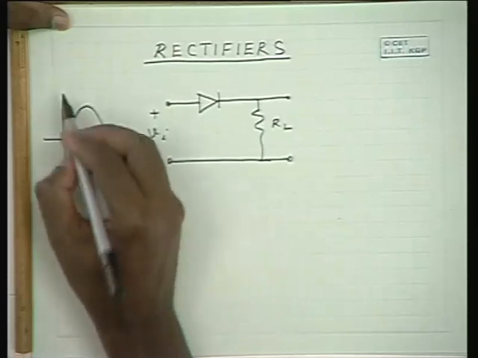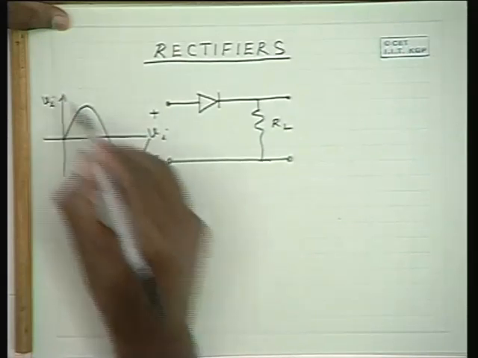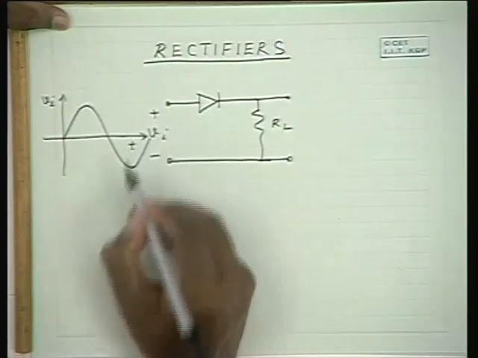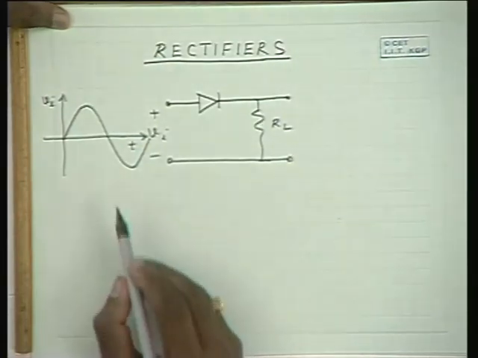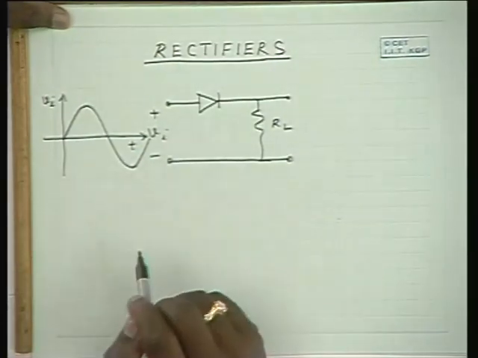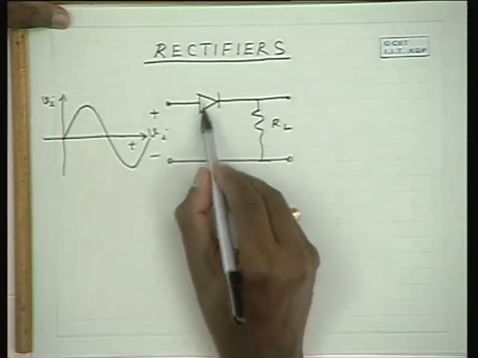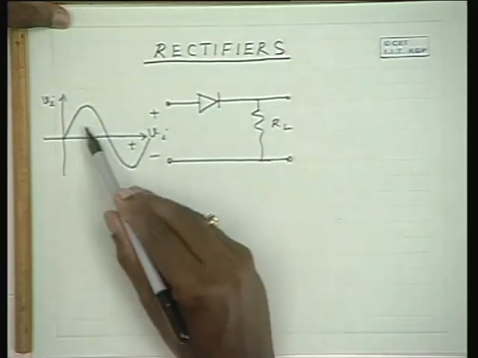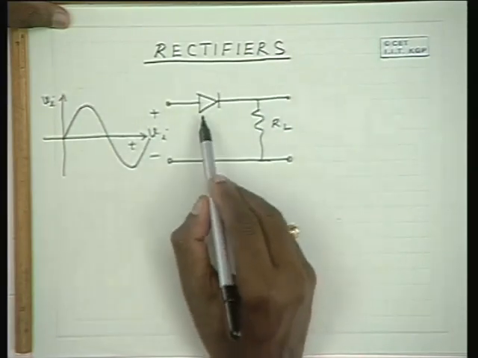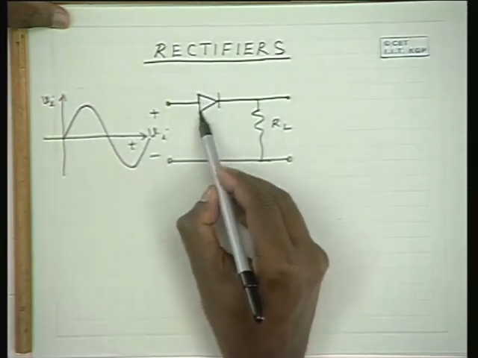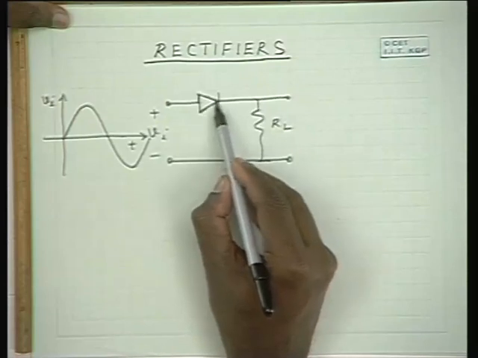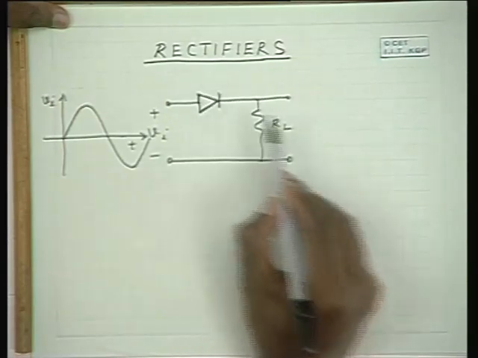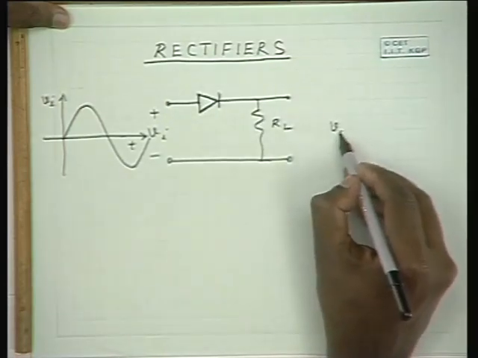This is the way the voltage varies with time. So, with this kind of voltage applied to the load, when this diode is being used as a series element, what kind of output voltage do you get?